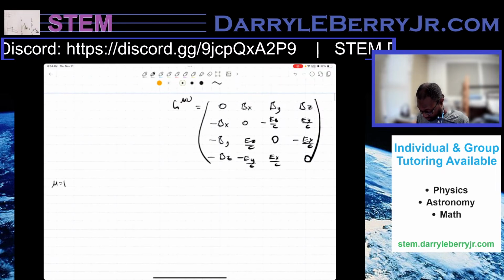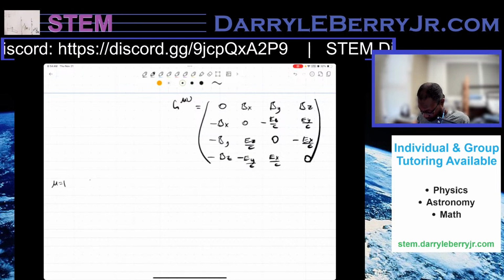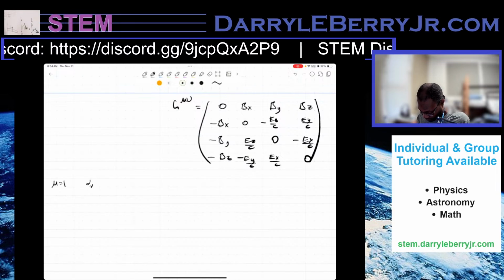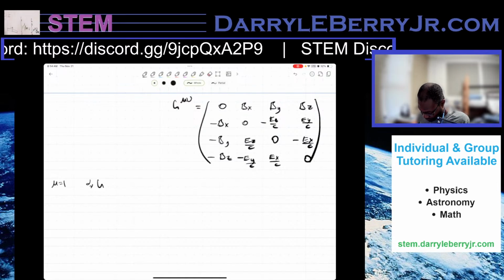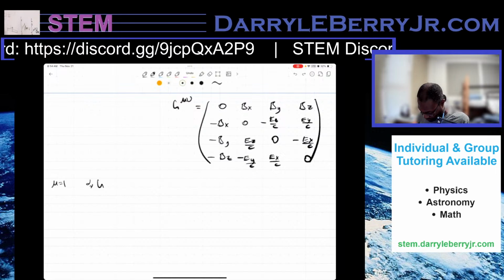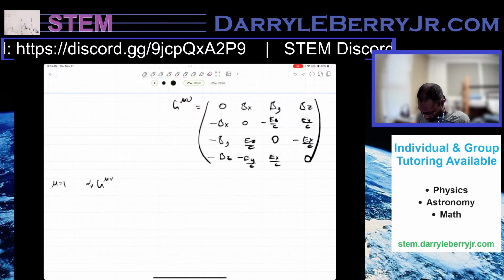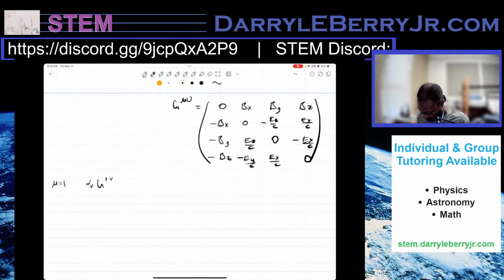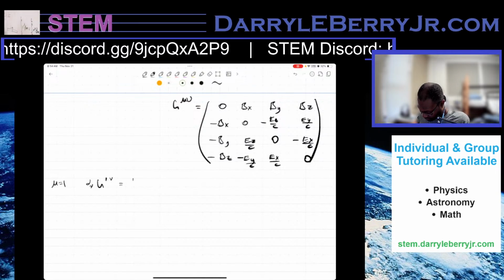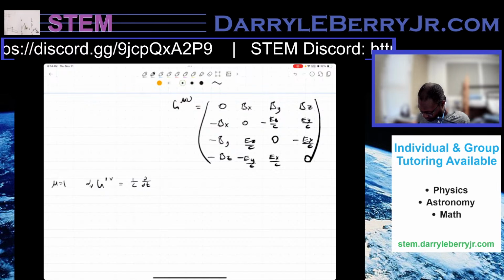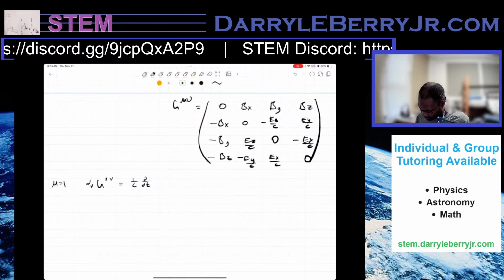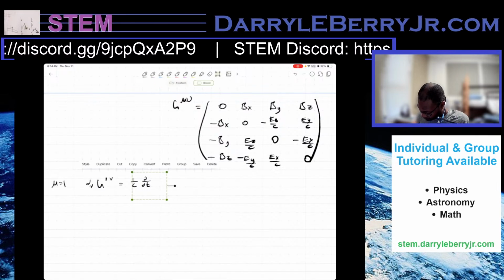Then we're dealing with this. So it's going to be 1 over c, also with respect to t. And actually, hold up, let me write out the indices first.